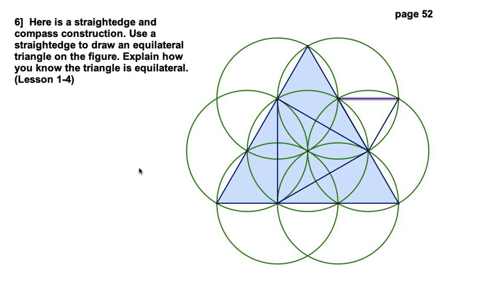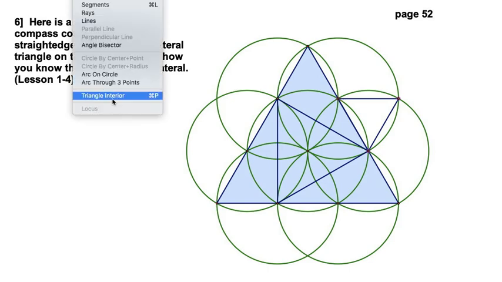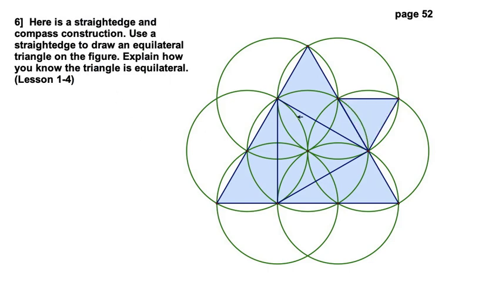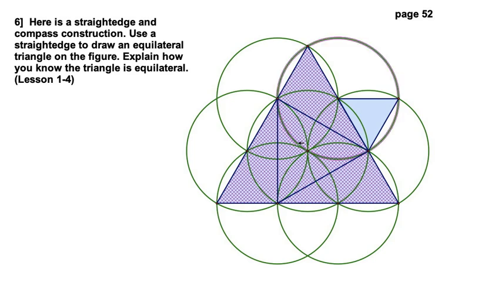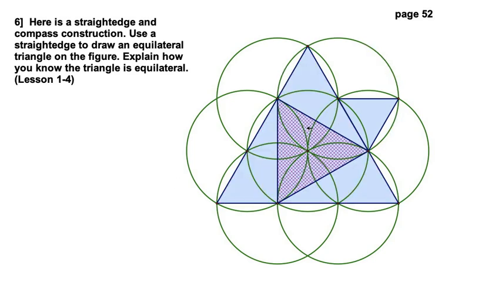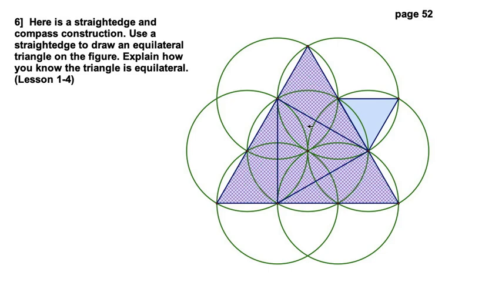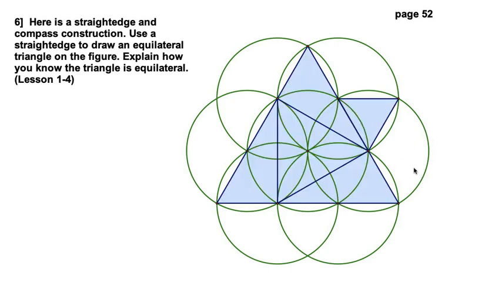So there's another one right there. You have so many options. So many. So we've got one there, one here, one here, and one there. 3 different sizes, all equilateral.